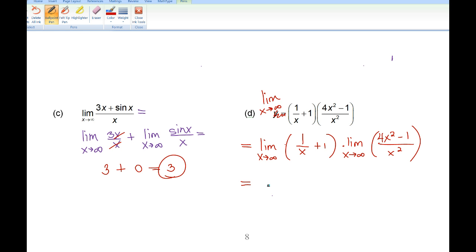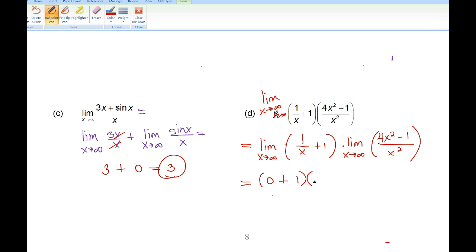Let's look at each part here. I just separated it so that I think it's easier to do it this way than to multiply it out and then take the limit. So the first part, 1 over x. What is that? If we think about x approaching infinity, 1 over infinity is approaching 0. Plus 1, constants stay, just like we had here, 3. Then here, look at the leading coefficients in the top and the bottom, because these two have the same degree.